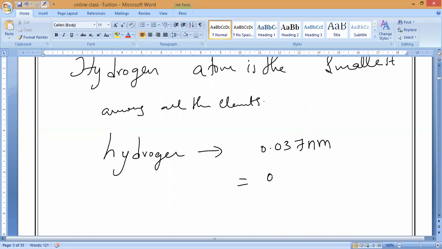Convert into meters, you can understand better. 0.037 into 10 power minus 9 meters. Correct or not? So 10 power minus 9 meters is extremely small. Yes or no?